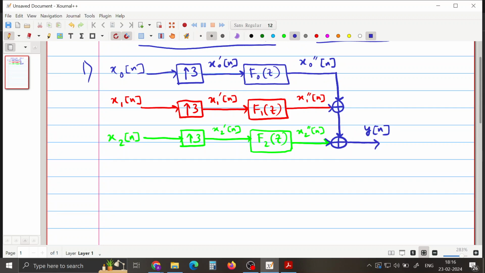So now what's given is we are given the spectrum of these three input signals x1, x2 and x0. So I'll draw that. The spectrum of x0 looks like this.